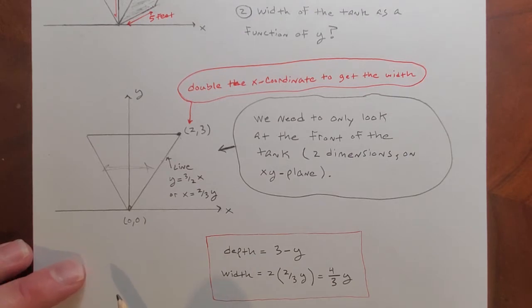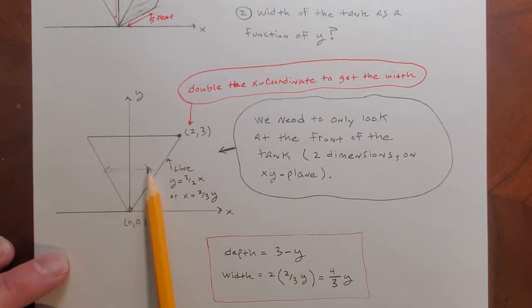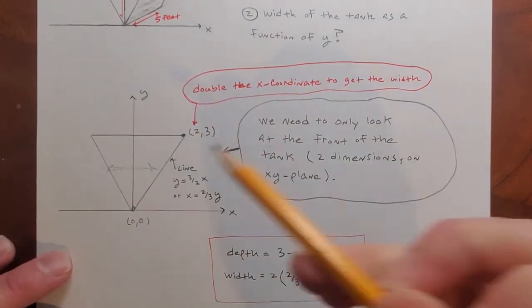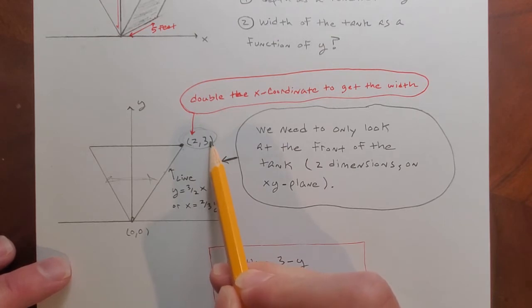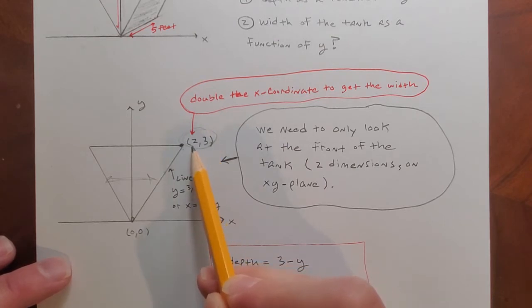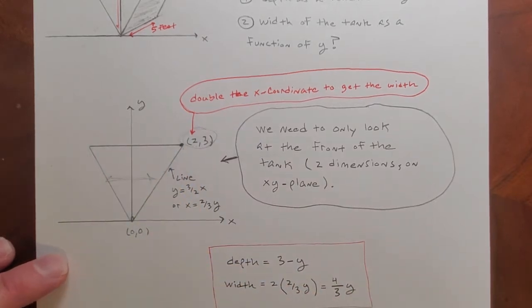Now, if I want to find the width, which part of the coordinate measures the width? If the point has an x coordinate and a y coordinate, wouldn't it be true that if I doubled the x coordinate, that would give me the width? That's true.